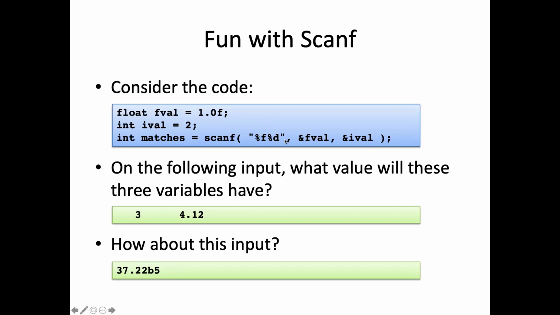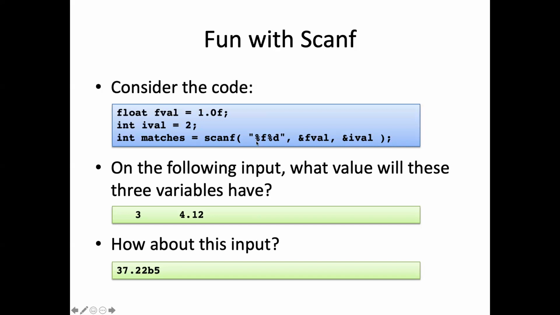Questions about these? Wait, so if you read like 3.14 and then it read 3 as a decimal first, will it read like 0.14 as the second float? Here, I'm not sure I understand your question. For this, I'm only asking to read one float and then a decimal integer. So if you entered 3.14 and then a bunch of spaces. Yeah, like if you reverse this, it should be %d and then %f.